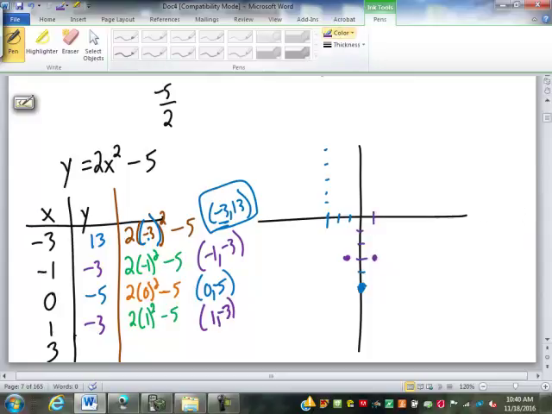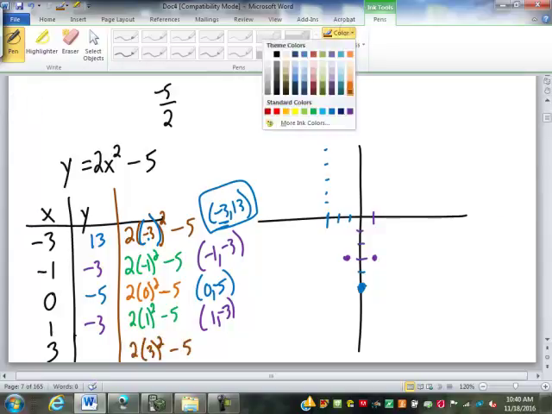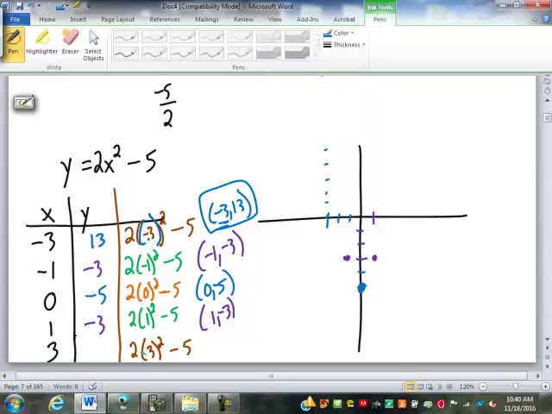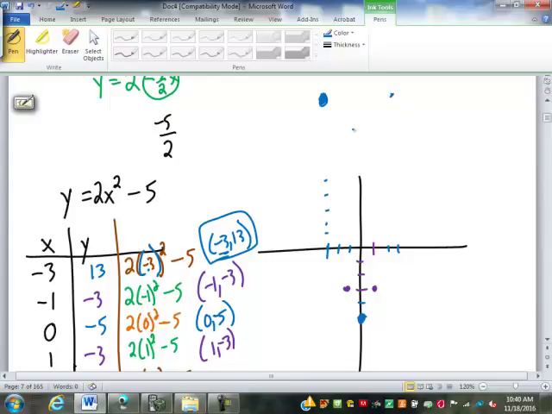If x is 3, y is 2 times 3 squared minus 5. 3 squared is 9. 2 times 9 is 18. Minus 5 is 13. So that's at 3, 13 again. Way up here again. So that gives us a curve that looks something like that. That's our parabola.